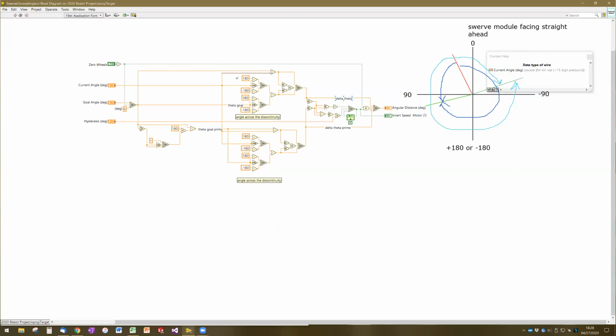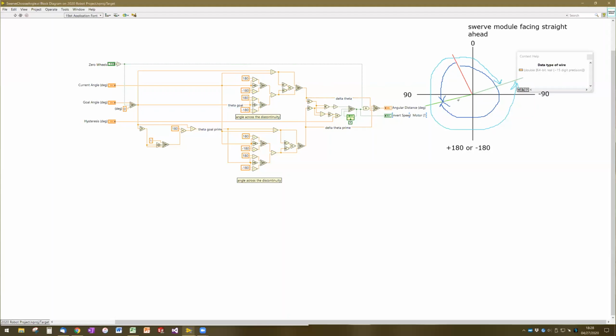Okay. Now this next block right here is a little bit annoying to describe, but really all that you need to know, and you could recreate this, is that it's calculating the other angle, and it's got all these statements about whether or not the angle is on the 0 to 180 side or the 0 to negative 180 side, because it's got to do the subtraction across what we call a discontinuity.